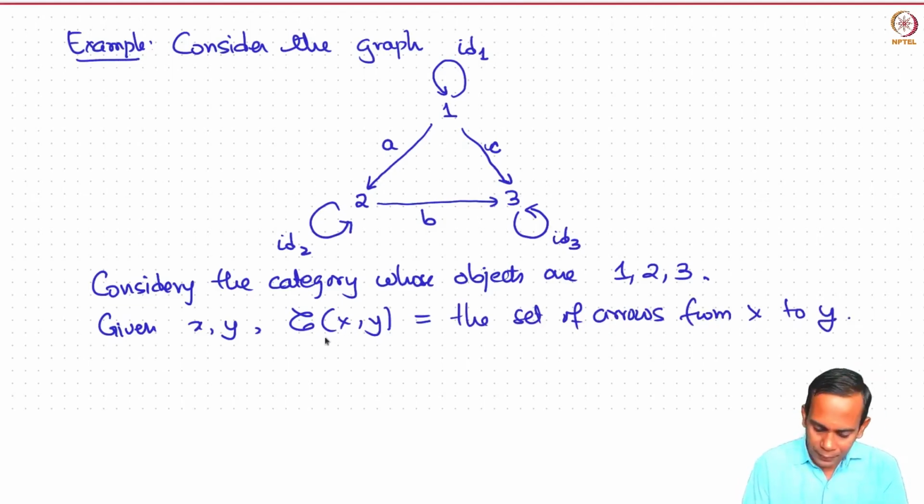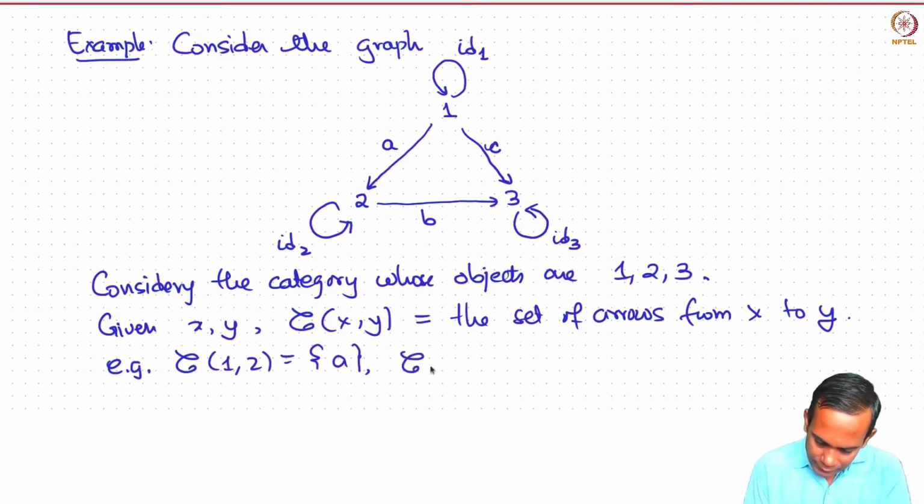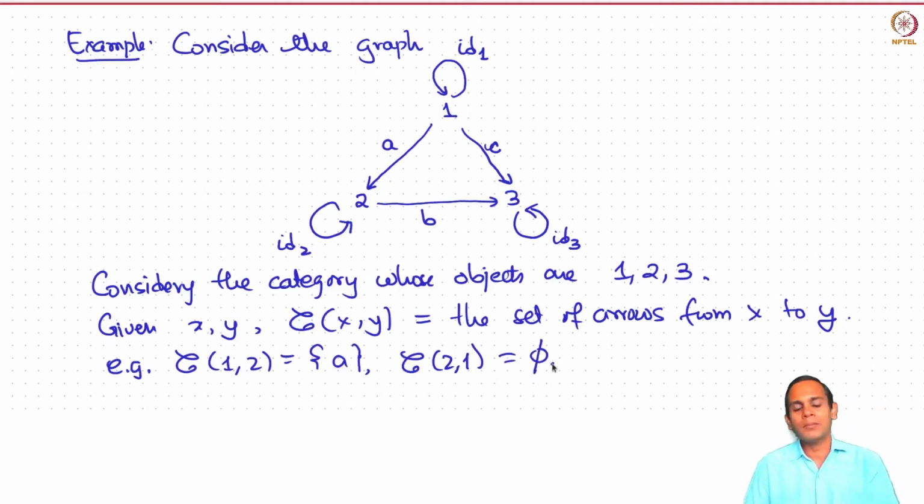And so for example, C(1, 2) is just the singleton {A}, whereas C(2, 1), well, there are no arrows from 2 to 1, so this is the empty set. So it's quite possible in a category for the collection of arrows between two objects to be empty. And composition is sort of uniquely defined.